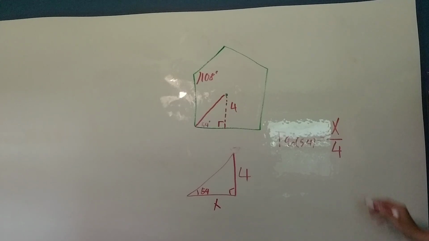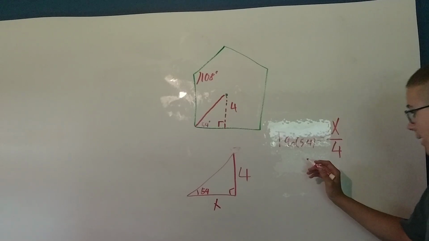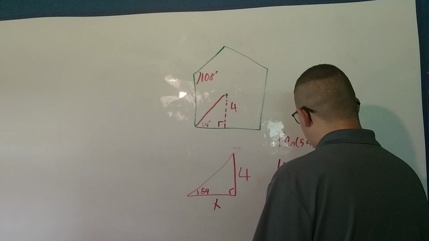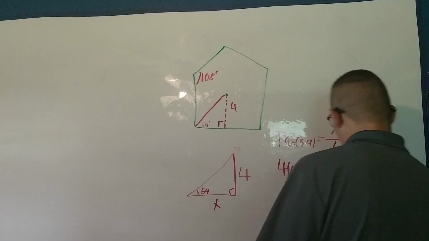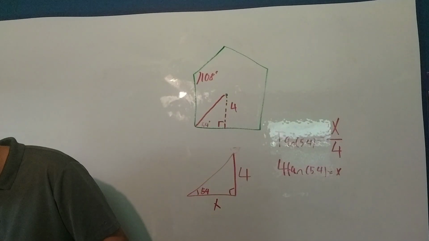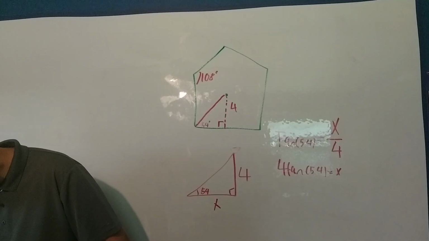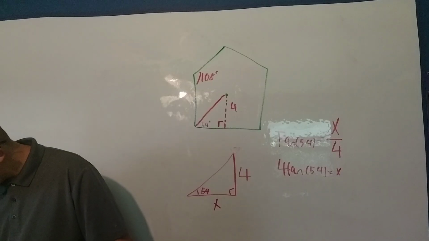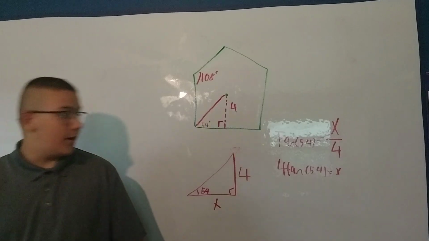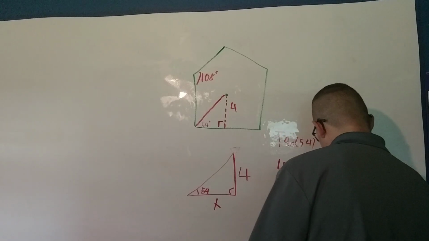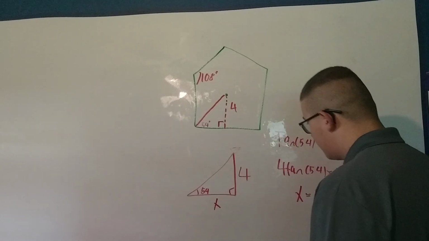And then you just solve this. You multiply by 4 here. You get 4 tan 54 equals x. And 4 times the tangent of 54 is 5.5. So we know x equals 5.5.